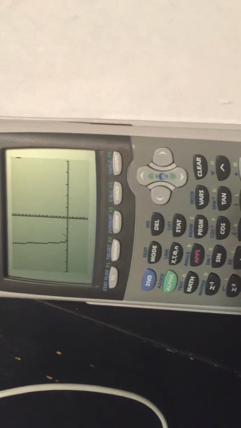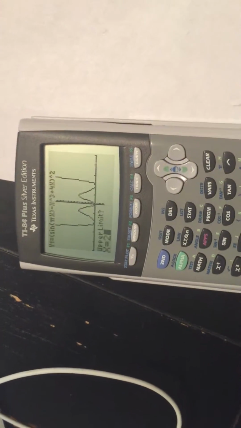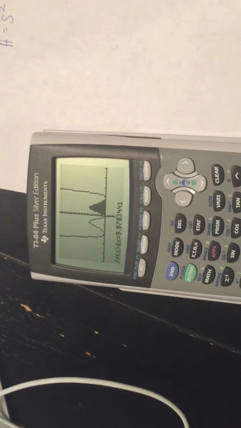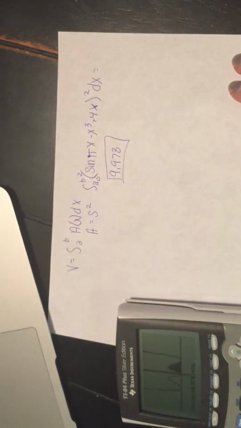We're going to graph that. Okay, and we're going to press the calculator button, find the integral, the lower limit's 0, the upper limit's 2, and the area ends up being 9.978, and that's the answer for part C.